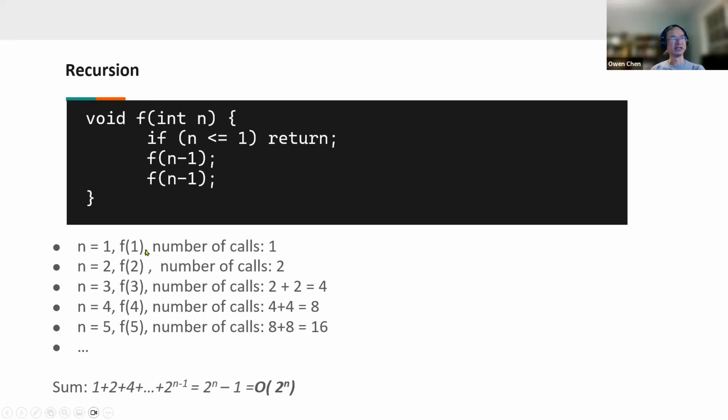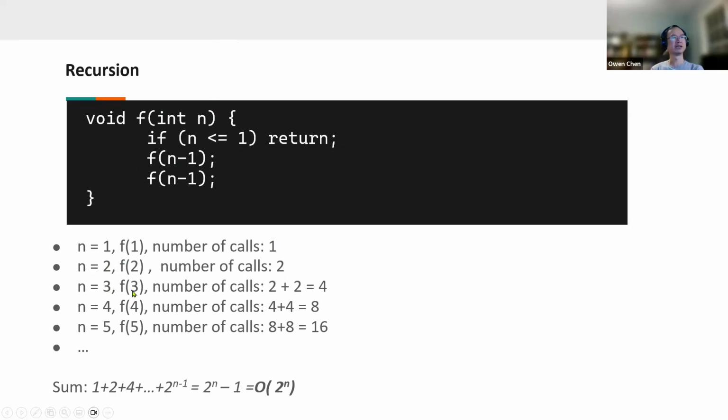But if you look at how it's being calculated: when n is 1, it returns, and that's one call. If n is 2, you call F1 and then F1, so the function is called twice.